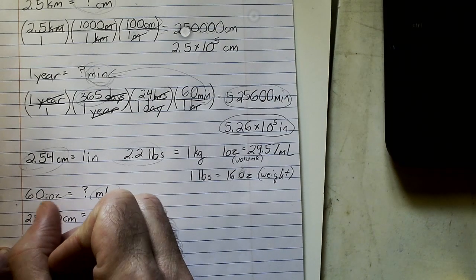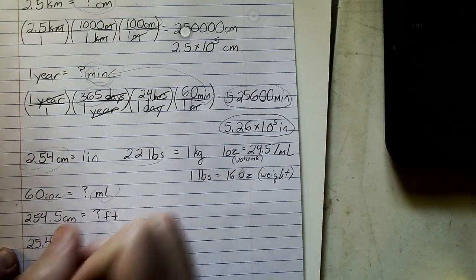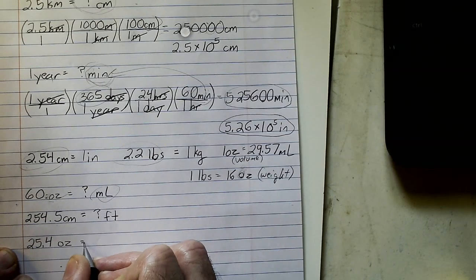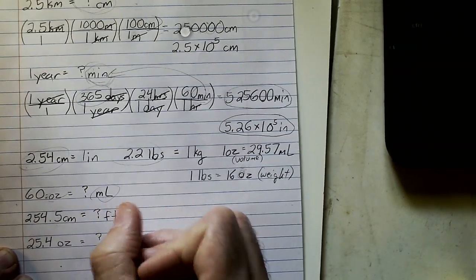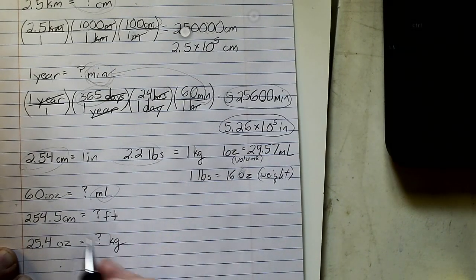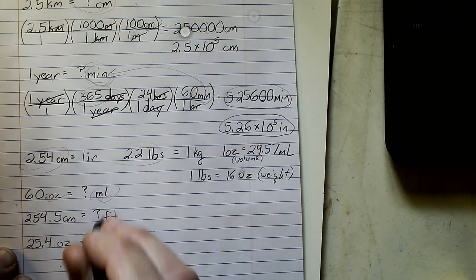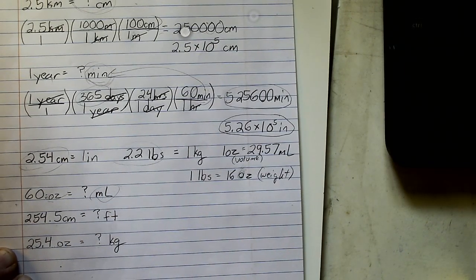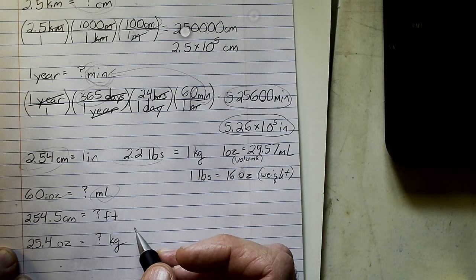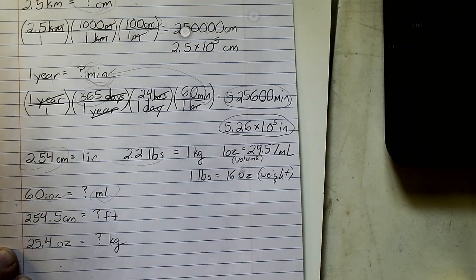I could do 25.4 ounces equals how many kilograms? And we're talking weight, mass, weight to that. Okay, so go ahead and figure that out. And I'll be back with you with the answers in a different video. I'll go over how to do each one. Okay, give that a shot in your spare time, and we'll see how you do.